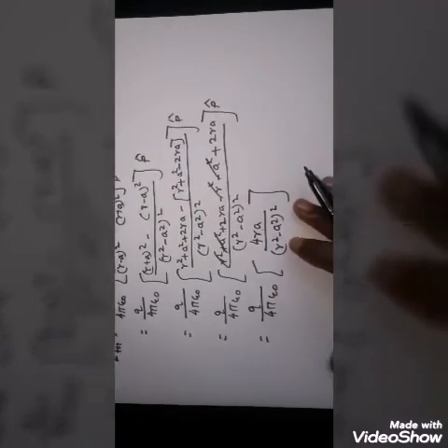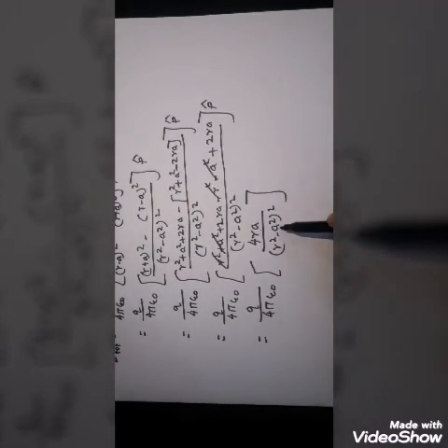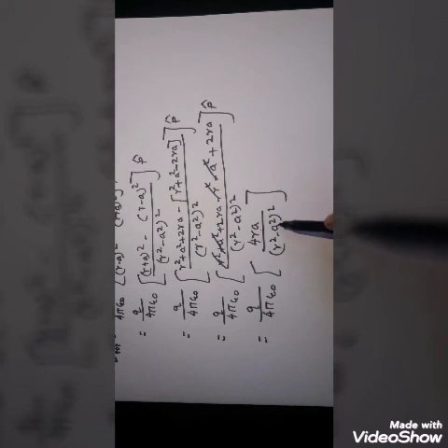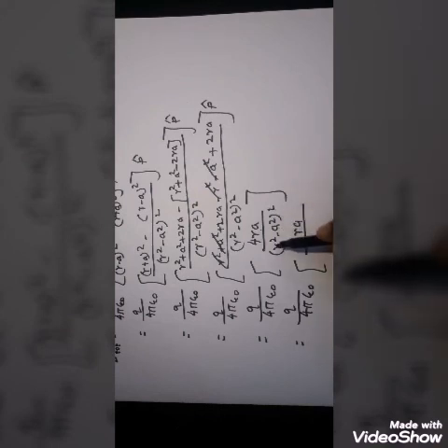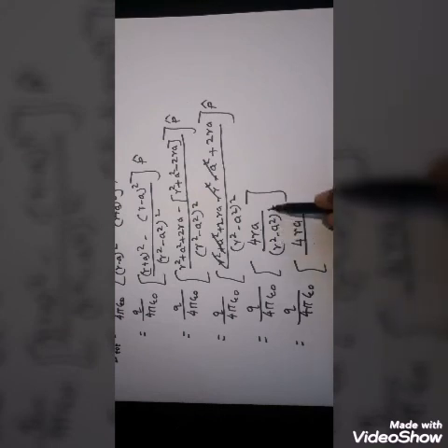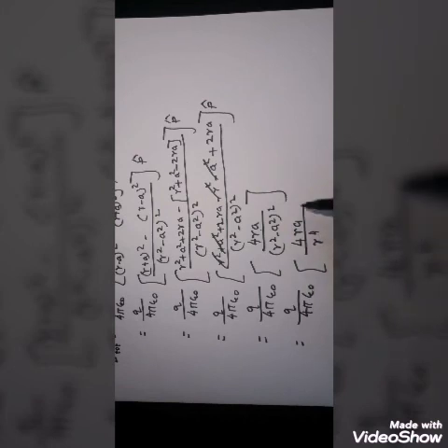In this term, the value of a is very small, since it is the distance between the dipole charges, so we neglect it. We get q by 4 pi epsilon naught, 4ra divided by r square the whole square, which gives r to the power 4.